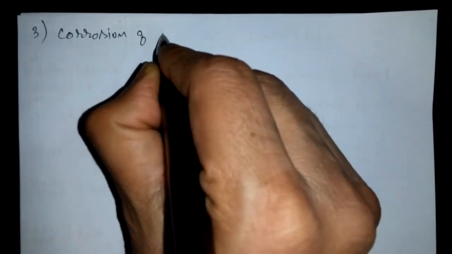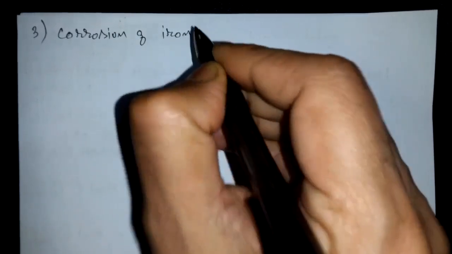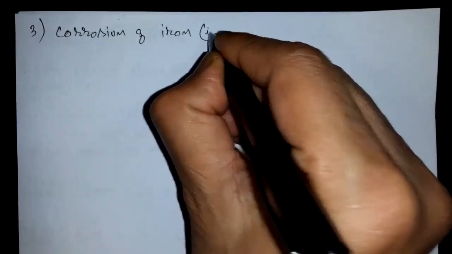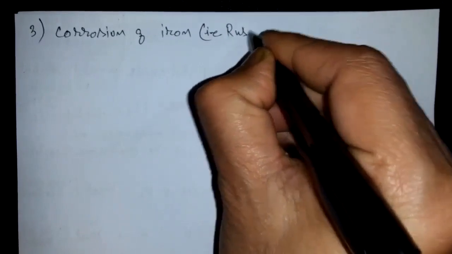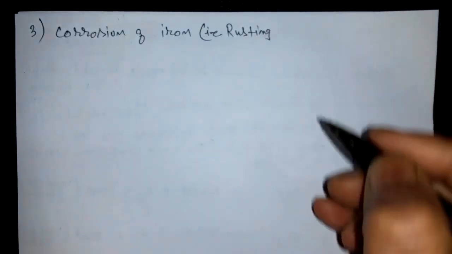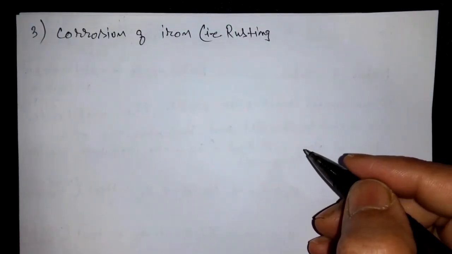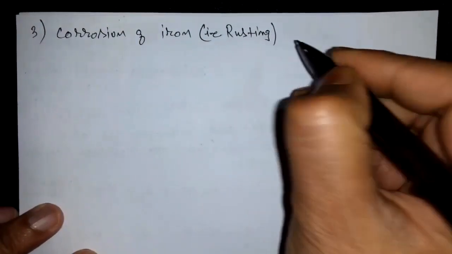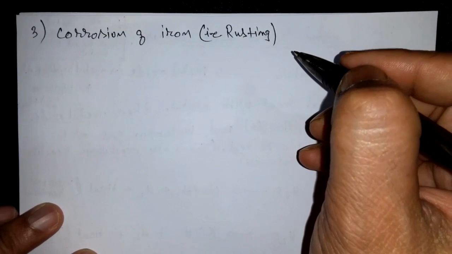Number 3 is corrosion of iron. But if the corrosion is for iron, there is another term, that is rusting. When you say rusting, don't say rusting of iron, because rusting itself means corrosion of iron.